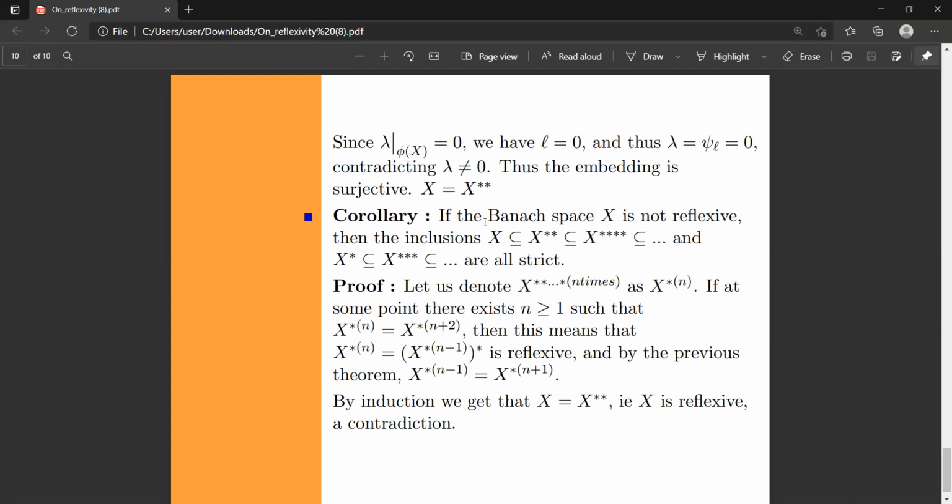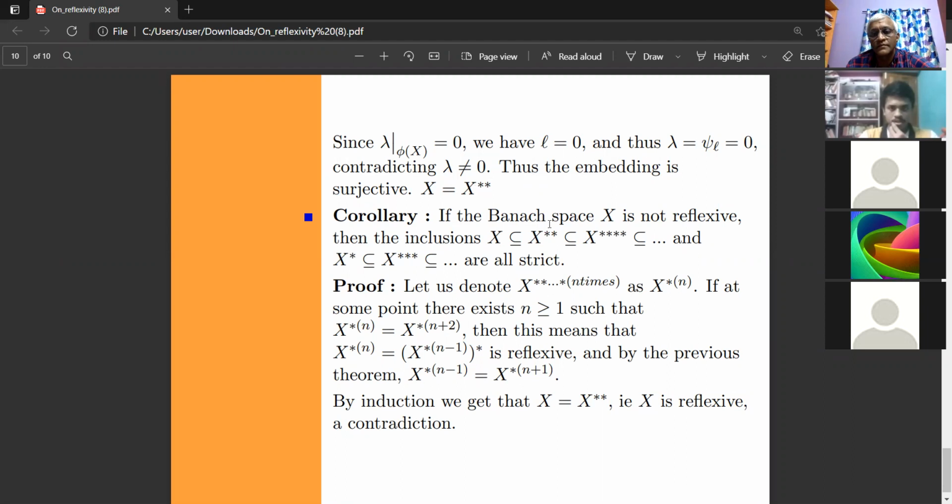So, the final thing is a corollary of this theorem. The corollary is that if H is not reflexive, then all these inclusions are strict. To prove that, suppose not.